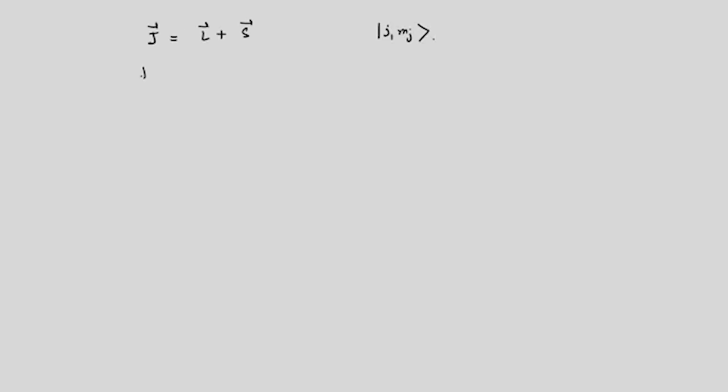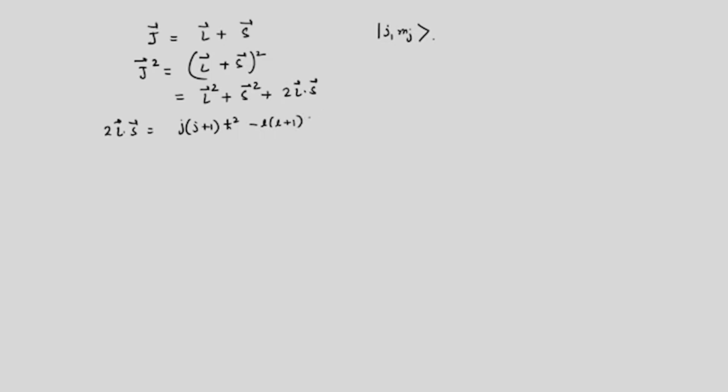And because of this, if you square this up, then L plus S, its square, tells you that L square plus S square plus 2 L dot S, and 2 L dot S has eigenvalues j into j plus 1 h cross square minus l into l plus 1 h cross square minus s into s plus 1 h cross square.